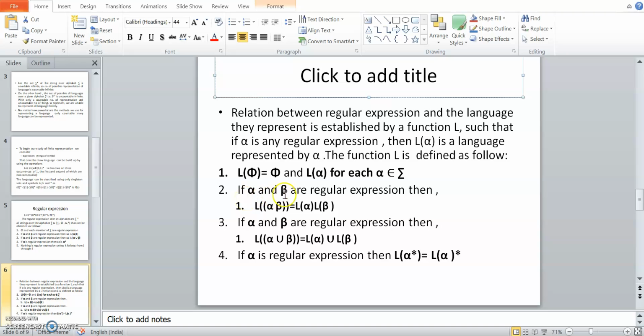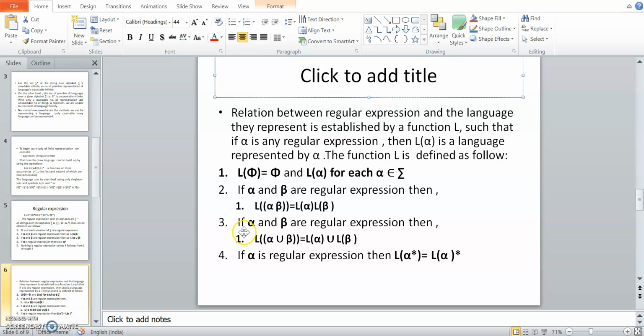If alpha and beta are regular expressions, then how do we use them in the language, how do we know what the language of that expression is? So the language of alpha concatenated with beta is the same language we obtain after the language of alpha concatenated with the language of beta.